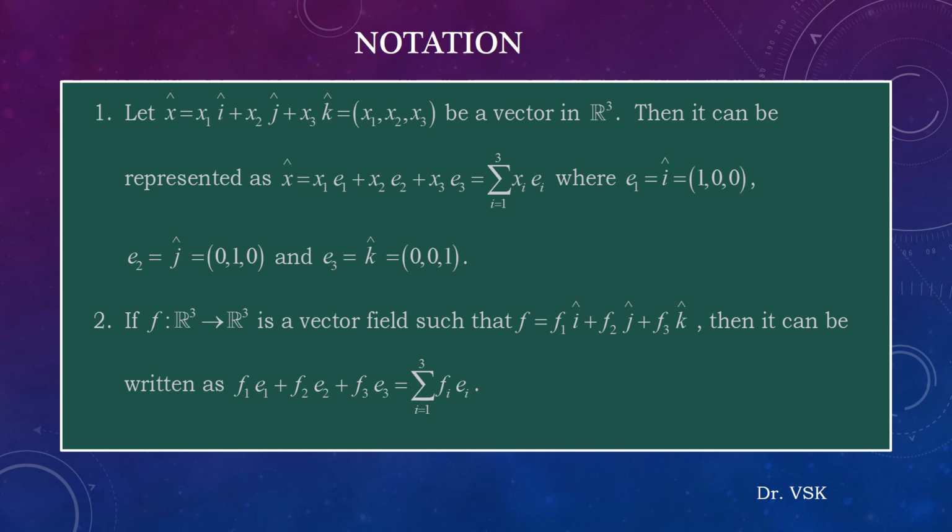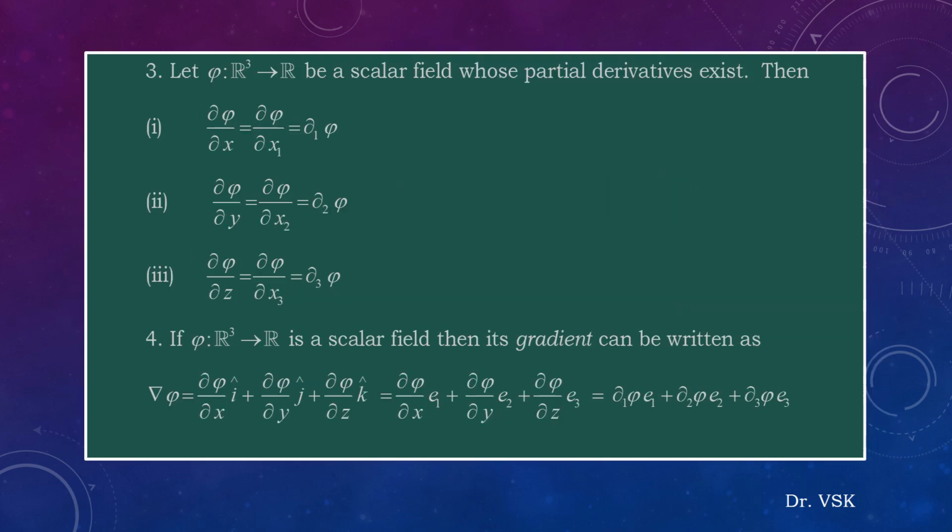We have to observe this difference. I have already mentioned one thing that we require this notation to write the proofs of vector identities in a compact way.